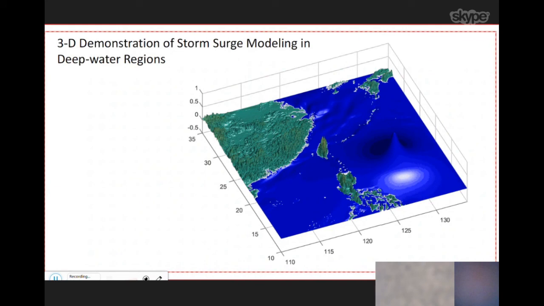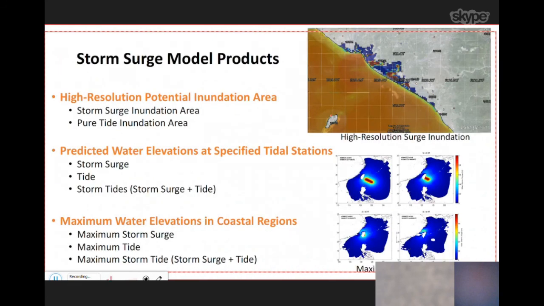Okay, so here I conclude our model. Our storm surge model can provide products of high resolution potential inundation areas, predict the water elevation at specified tidal stations, and give users the maximum water elevation in coastal regions.